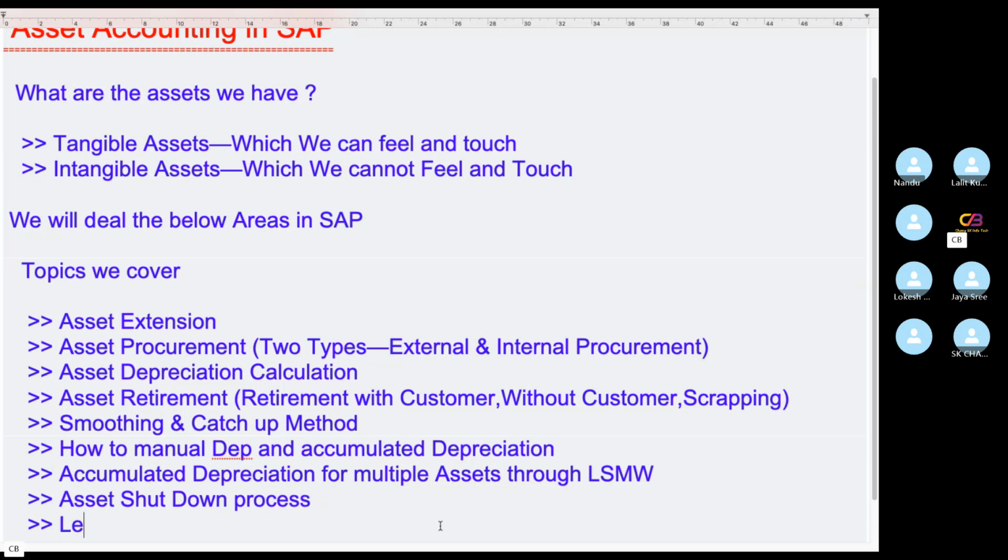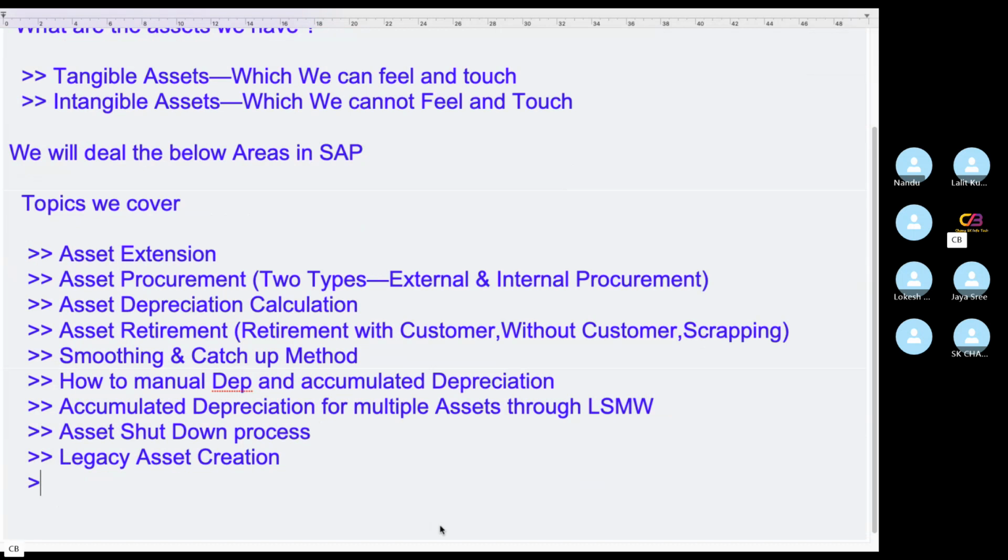and legacy asset creation and the steps and process for uploading. Okay, and some real-time scenarios and AUC, asset under construction settlement.